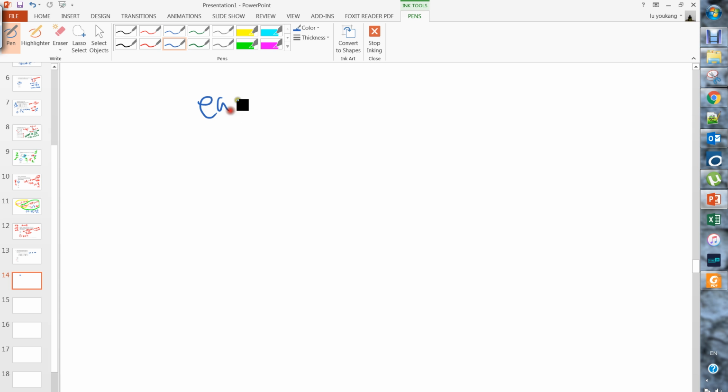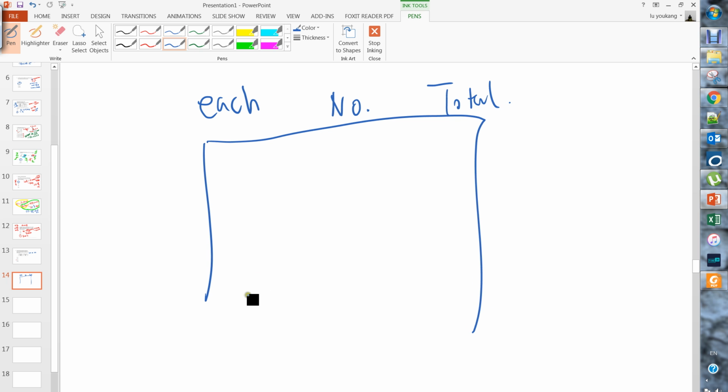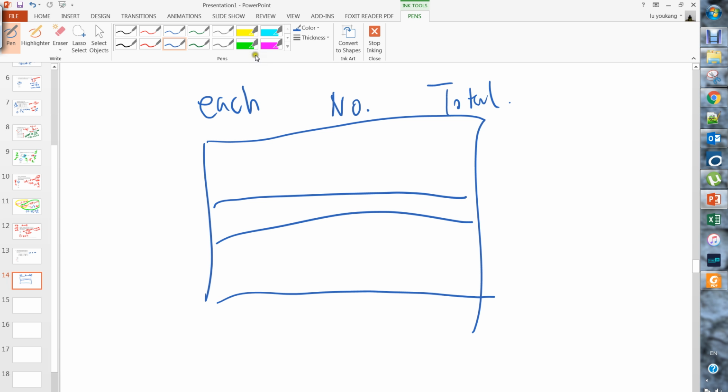Branch. Okay, so now I'm going to give you each number total. Let me start with a table. Let me draw a straight line. This one is not very straight.